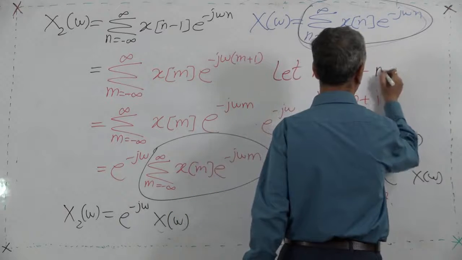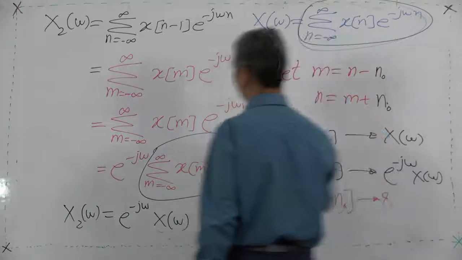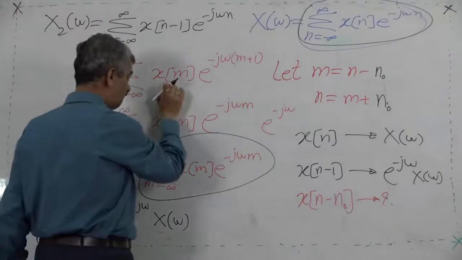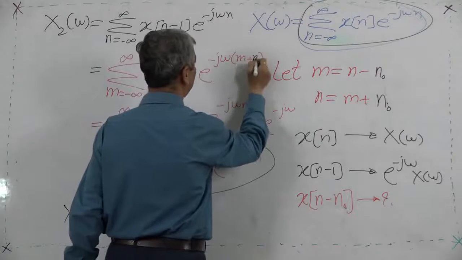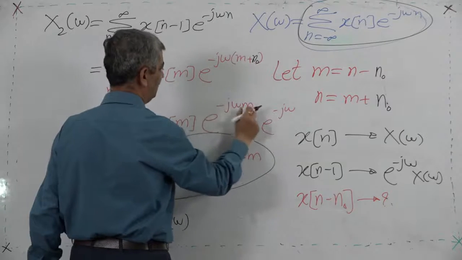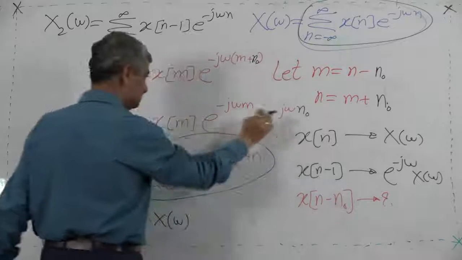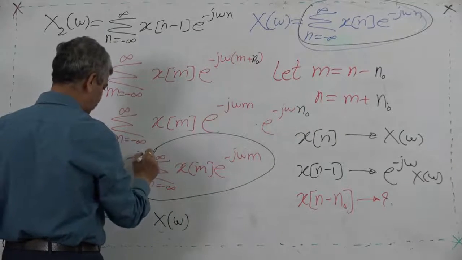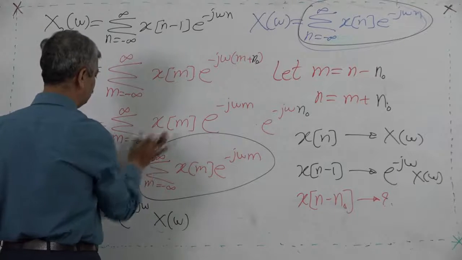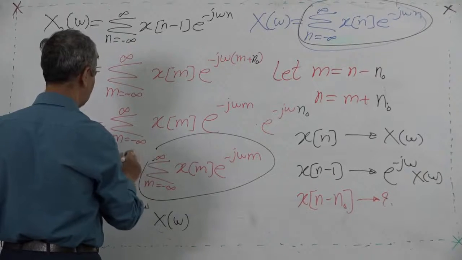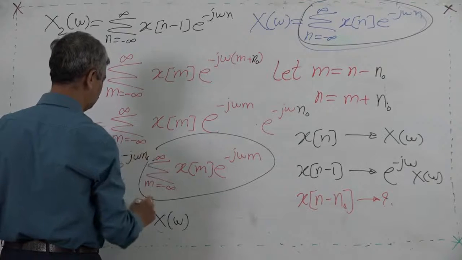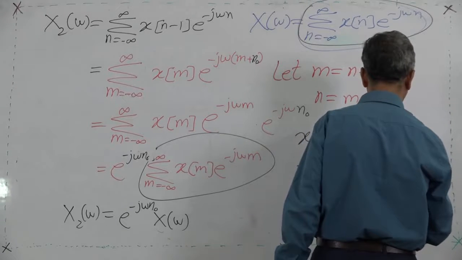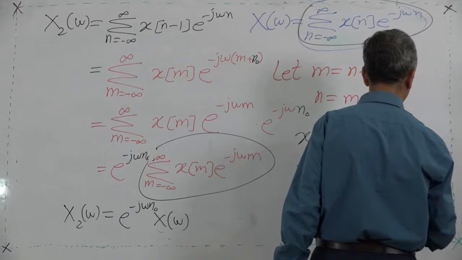So, n minus n naught, m plus n naught, this being infinity, this being infinity, no change, x[m], e raised to minus j omega m plus j omega n naught. This n naught is no problem because it is not coming in m, so it comes out as e raised to minus j omega n naught. So, the discrete time Fourier transform would be e raised to minus j omega n naught X(omega).